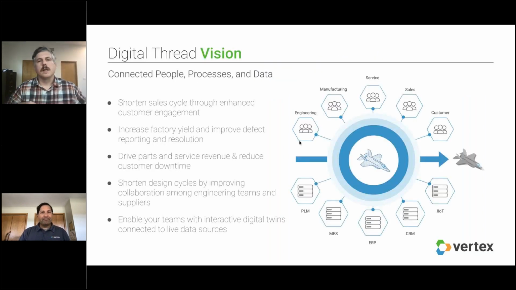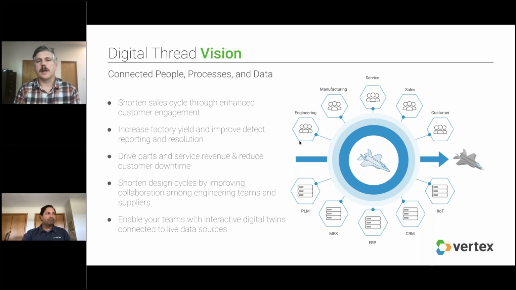Thanks, John. I'm going to start off with a slide outlining the digital thread vision as we've been talking to our customers, industry experts, and our prospects. This webinar is the first of several in our connected webinar series.